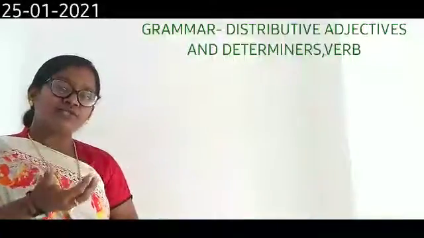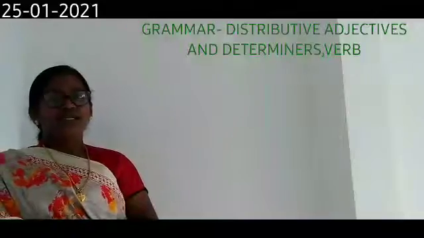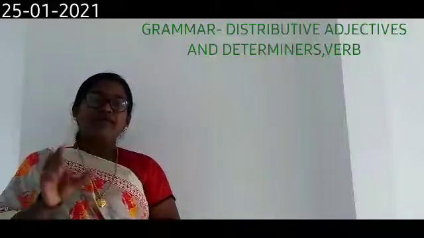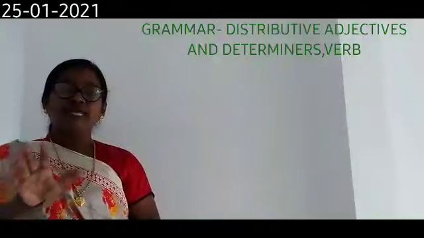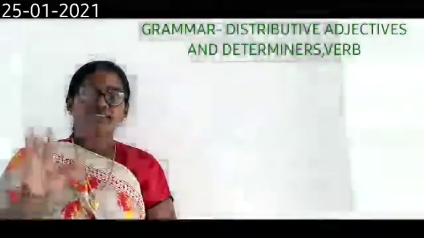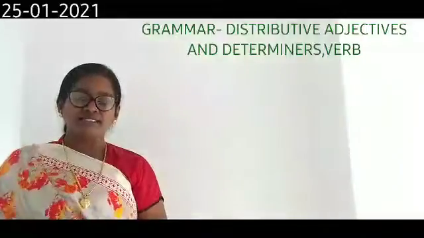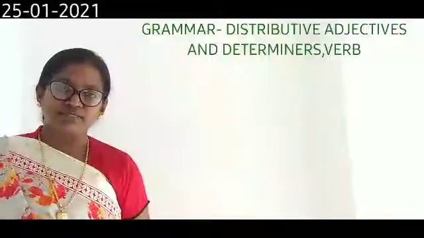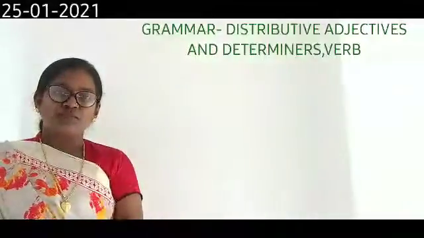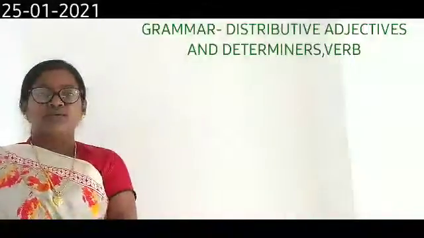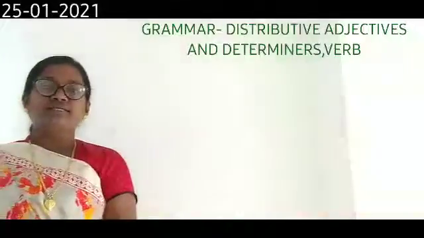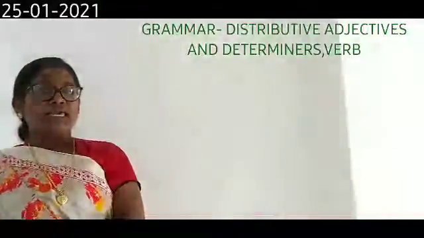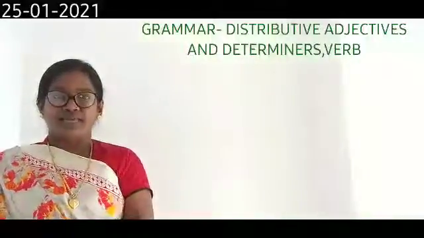When it comes to linking verbs, let us try to understand them. A linking verb never indicates any time of action. It doesn't tell us when something has happened. Verbs are of three types: the first is action verb, the second is linking verb, and the third is helping verb. Linking and helping verbs are not the same.